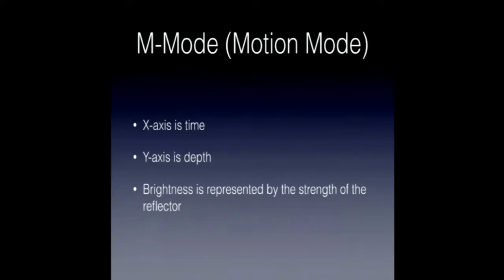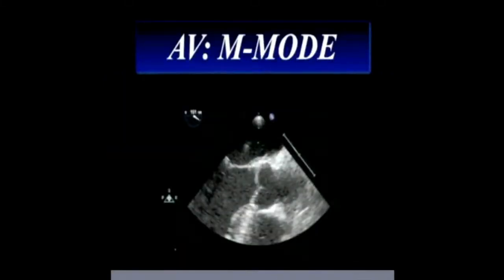But in M-mode imaging, on the x-axis there's time, and on the y-axis there's depth, and the brightness reflects the strength of the reflector. Here's M-mode, and there's a little dotted line cursor you can see drop down through the center of your pizza, I guess, or your sector, and that's your interrogation line, or the line you're going to listen across.